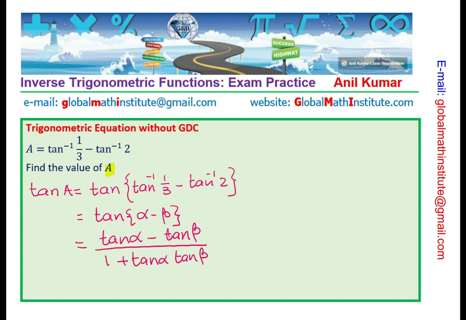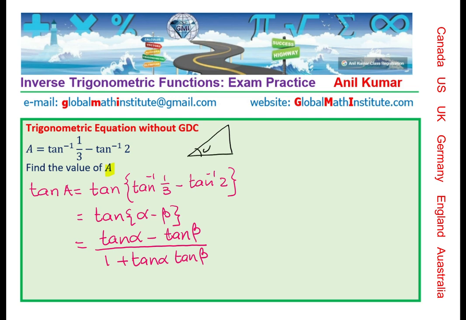Well, fortunately for us, we are working with tan inverse of 1 over 3 and tan inverse of 2. Both are positive in quadrant 1, that is correct. So let's make the triangles. For 1 over 3, we know the opposite side should be 1 and the adjacent 3.